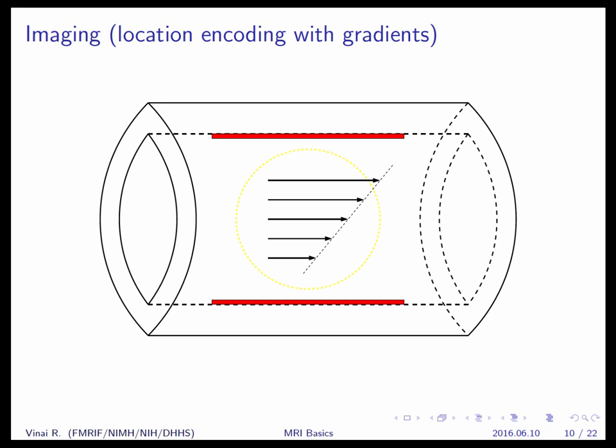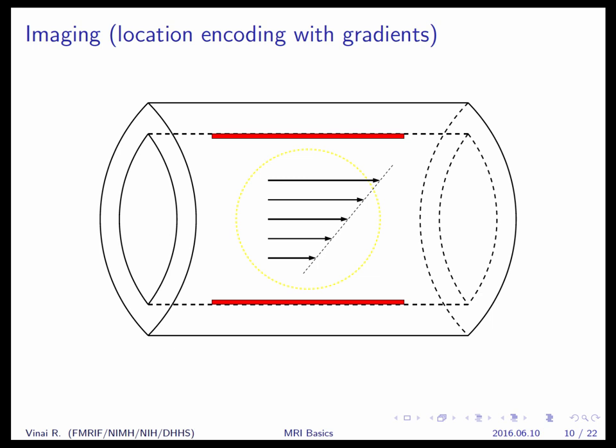When you turn the gradient coil on, you change the magnetic field a little bit between the top and the bottom of the patient. So what happens in this case? What happens to the signal on top here versus what you would detect at the bottom here? Perfect, yes.